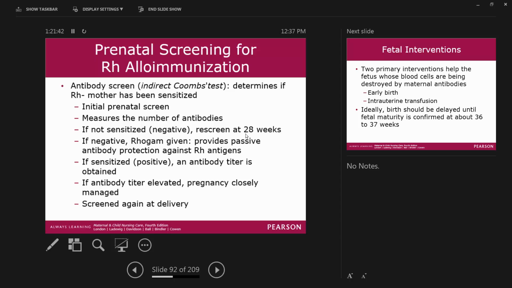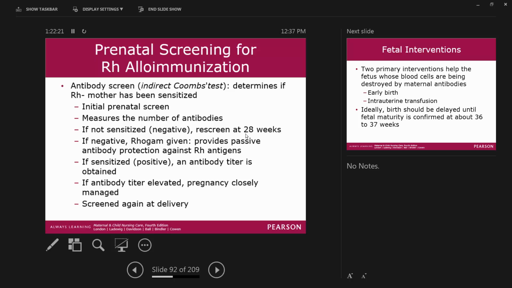So she's been sensitized, so she's creating antibodies to Rh positive blood. And if her baby is Rh positive, those antibodies are going to cross the placenta and attack that baby. Okay? So we got that? All right. So if we test her prenatally and we find out that she's Rh negative and she has not produced antibodies, so she's not sensitized, okay, then we will give her RhoGAM to prevent her from being sensitized prenatally.